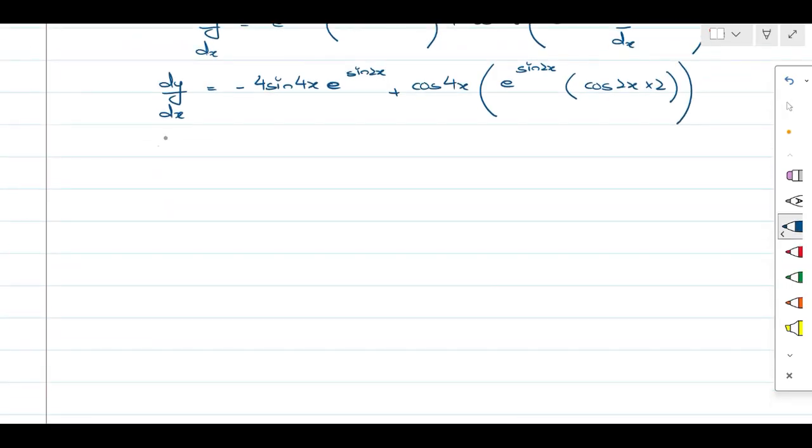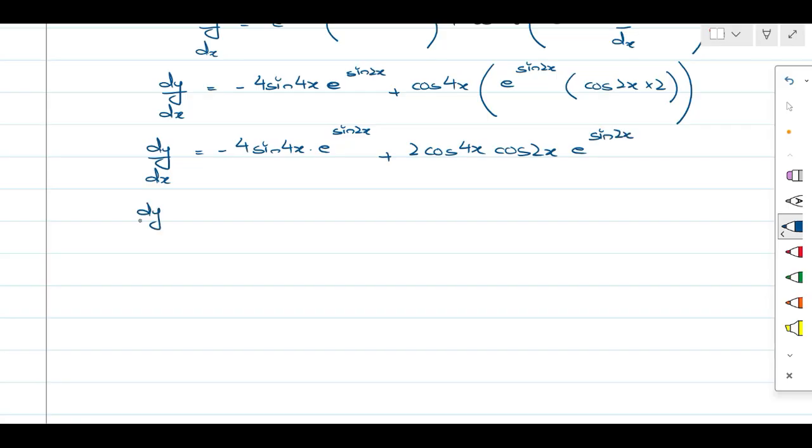Further simplification, dy over dx becomes minus 4 sine 4x into e to the power sine 2x plus 2 cos 4x cos 2x e to the power sine 2x.